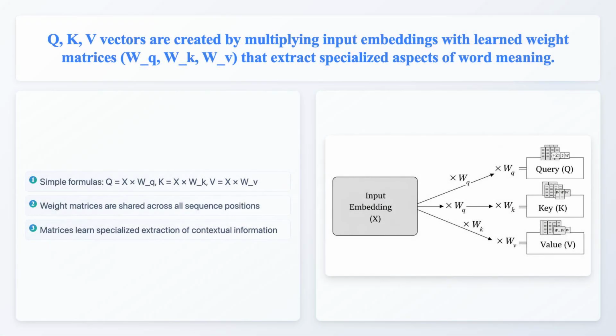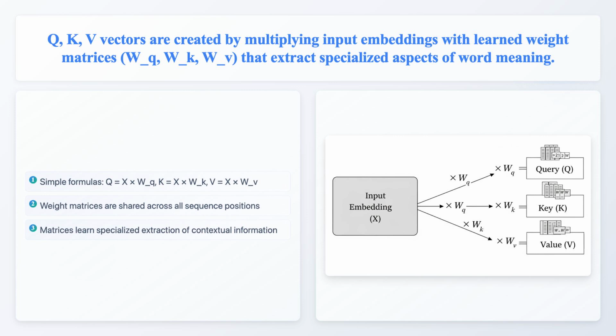The Q, K, and V vectors aren't magic. They're learned projections of the input embeddings. For each embedding vector X, we compute three transformations using learned weight matrices. The formulas are elegantly simple: Q = X·W_Q, K = X·W_K, and V = X·W_V. These weight matrices, W_Q, W_K, and W_V, are parameters that the model learns during training.